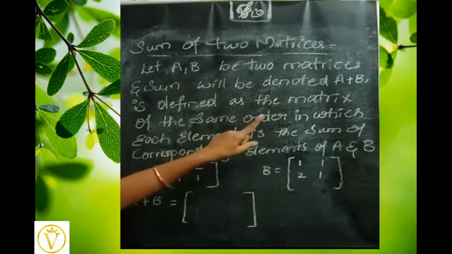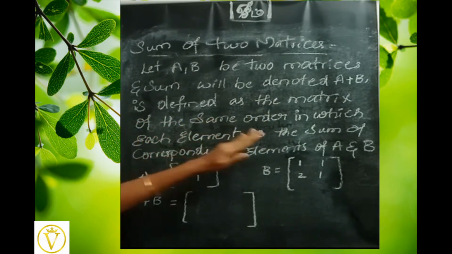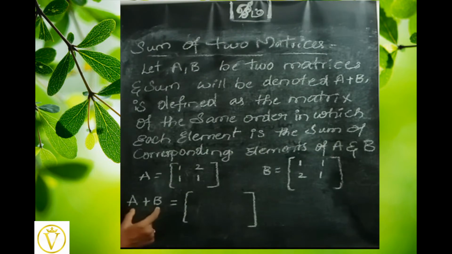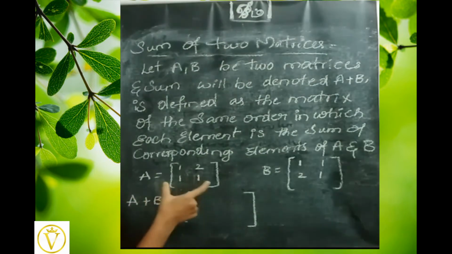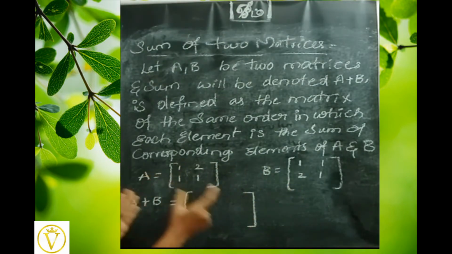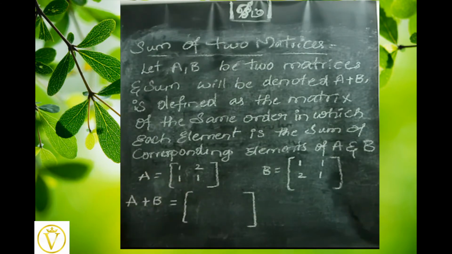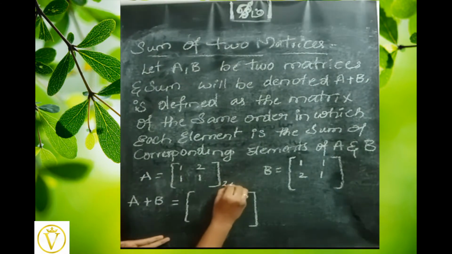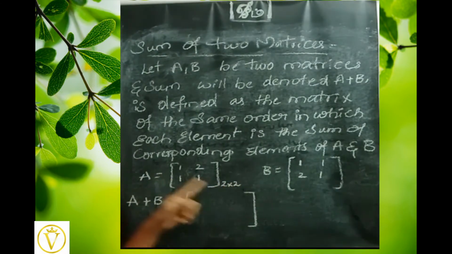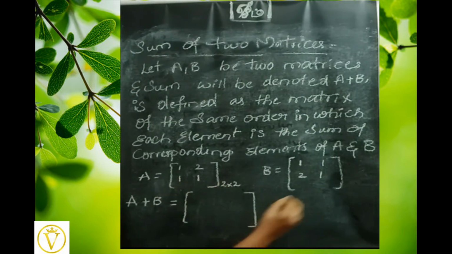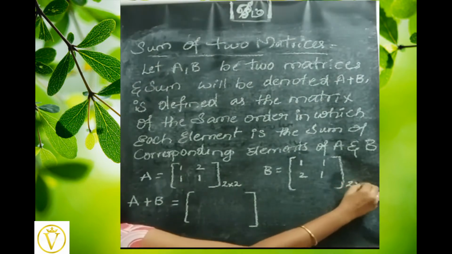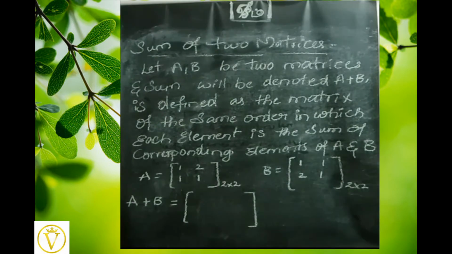It is defined as a matrix of the same order. We can do A plus B only if both the matrices are of the same order. See here, the order of the A matrix is 2 by 2, and here also 2 by 2. Then only can we make the sum of both matrices.